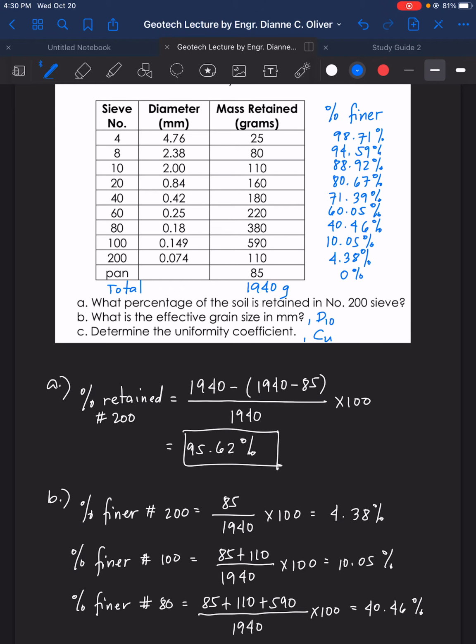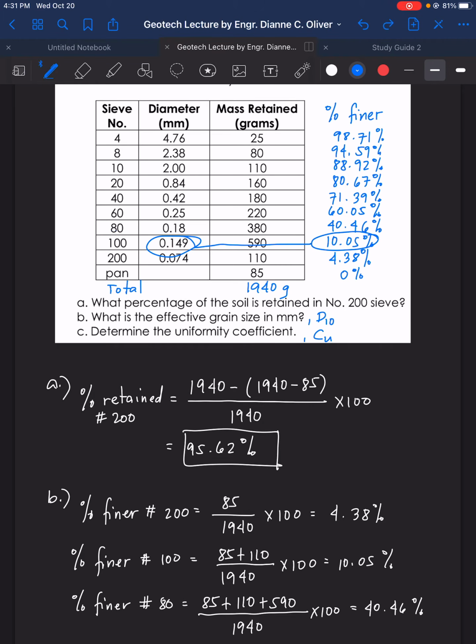Now, the 10% here is 10.05. So, what's the diameter that corresponds to the 10%? So, that is 0.149. If we accept this already as the 10%, then the answer is 0.149. Okay? It does not necessarily mean that if our answer is 0.149, then D10 is D100.